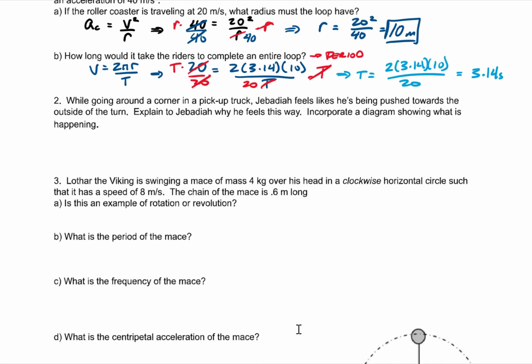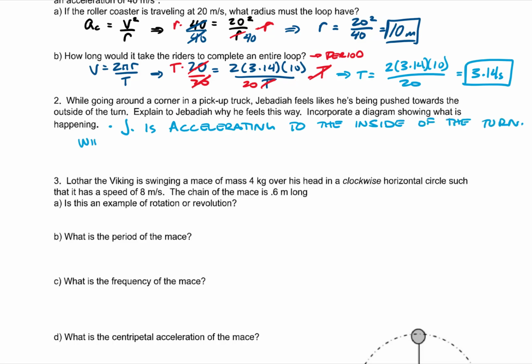While going around a corner in a pickup truck, a young man feels like he's being pushed towards the outside of the turn. Explain to him why he feels that way. Use a diagram. All right, so for this fella, he is accelerating to the inside of the curve. That's what it means to have centripetal acceleration.